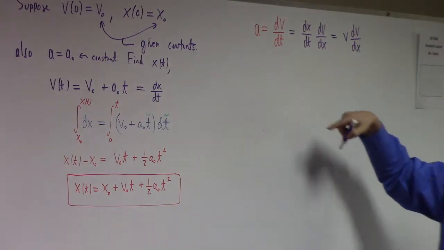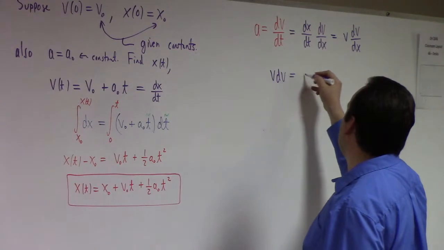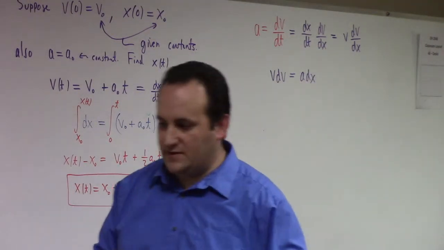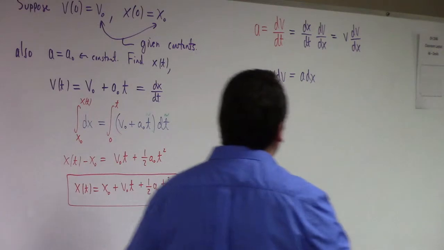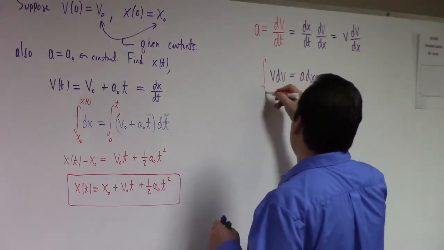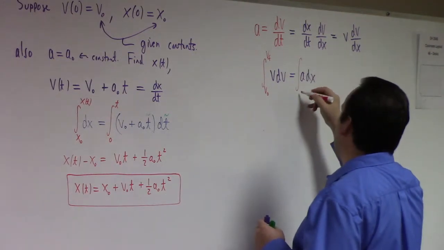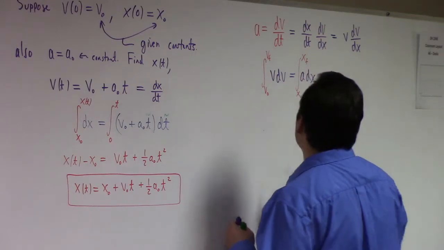Now I can separate variables, and I got myself v dv is equal to a dx. Keeping with the theme today, we have to integrate both sides over matching bounds. That, by the way, is just u substitution. So here I should integrate from v naught to vf, and on the other side over the matching bounds, x naught to xf, the final x and the initial x.